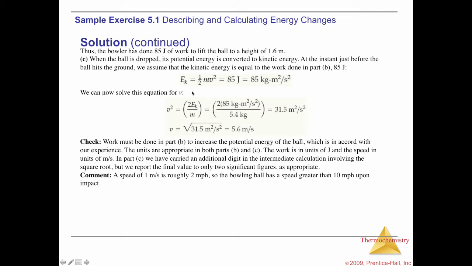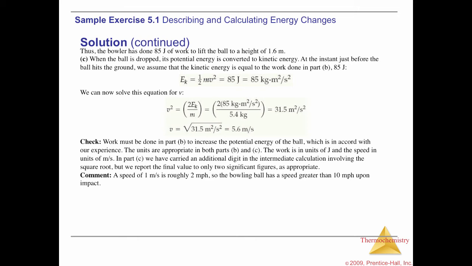Okay, so the kinetic energy equation has been rearranged to solve for velocity. We need to get rid of the fraction 1/2. So dividing by 1/2 is the same thing as multiplying by 2, and so we have 2 times the kinetic energy. And we're also dividing by the mass to get that on the other side of the equation.